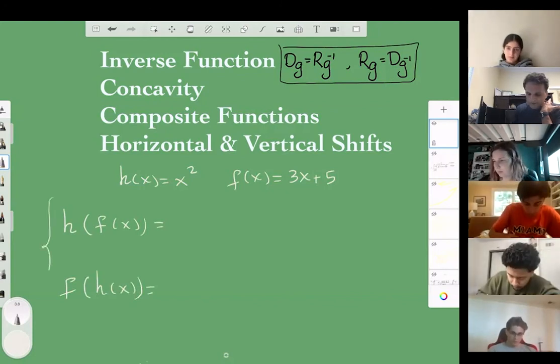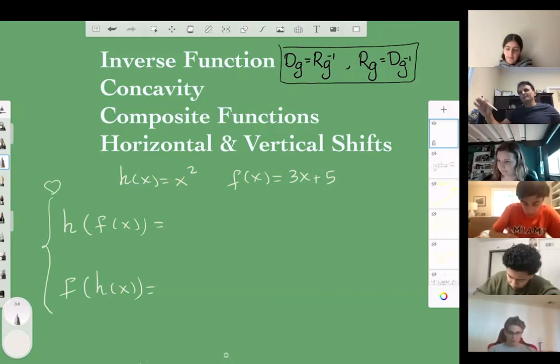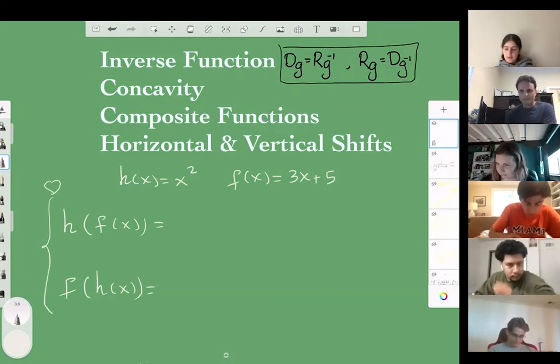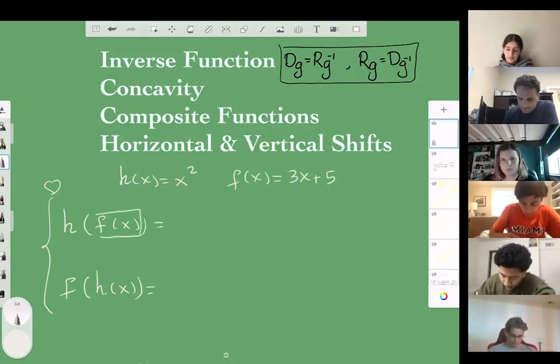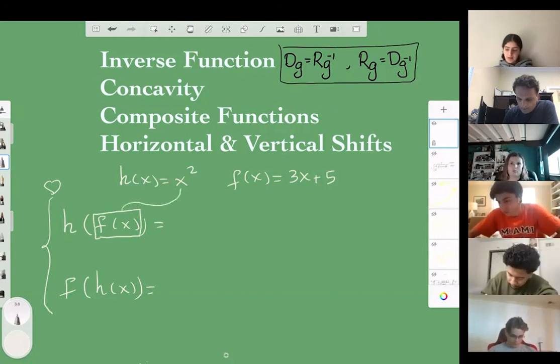When you see a question like this, you know that we are dealing with two different functions. The output of one will be the input of the other one, correct? We know that concept. So this f of x here should go to the x of h of x.